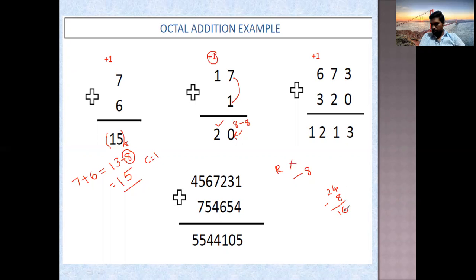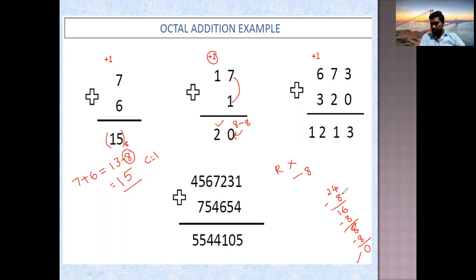Now 16 is also not in the range of octal. Again you subtract 8, then you will get 8. 8 is also not in the range of octal, so again subtract 8. Then you will get 0. 0 is in the range of octal.